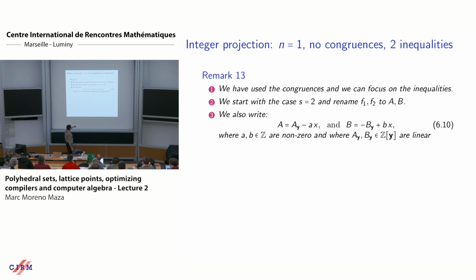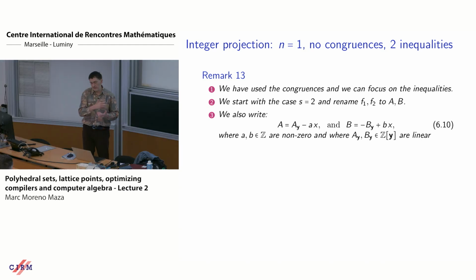So I use some notations that will be convenient in a moment. So I have two inequalities, so capital A less or equal than 0, capital B less or equal than 0, and I write A of the form A(Y) minus little a times X. So little a, like little b over there, is a scalar, not just an integer, actually a positive integer, whereas A(Y) and B(Y) are linear polynomials.